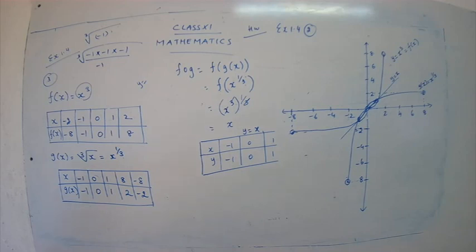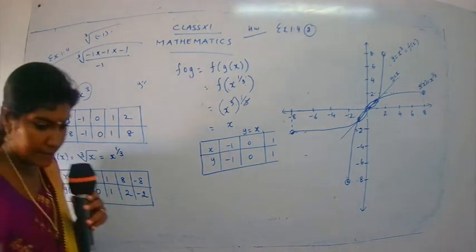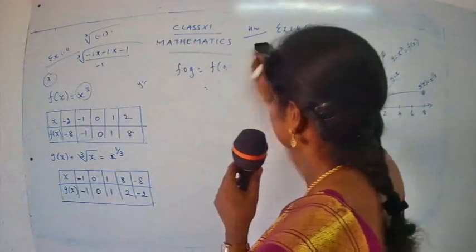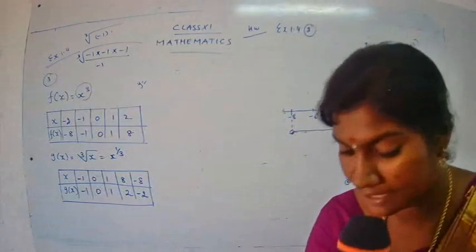F of x is equal to x cube. Shall I write the explanation over here? I'll write down the explanation. I hope you have taken all these points. The explanation part I am writing here.